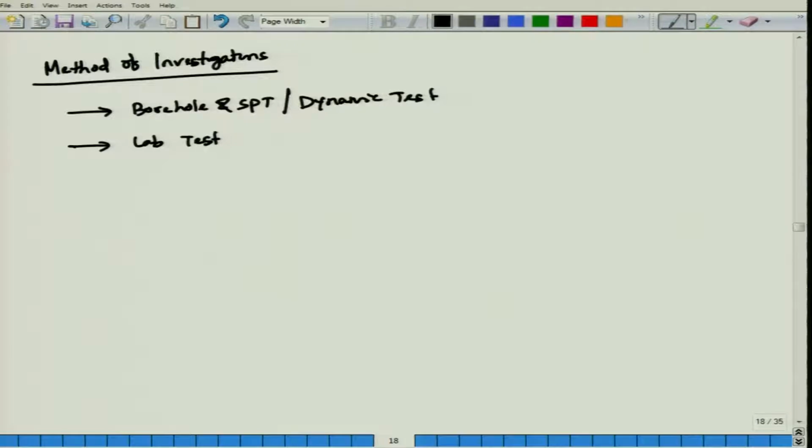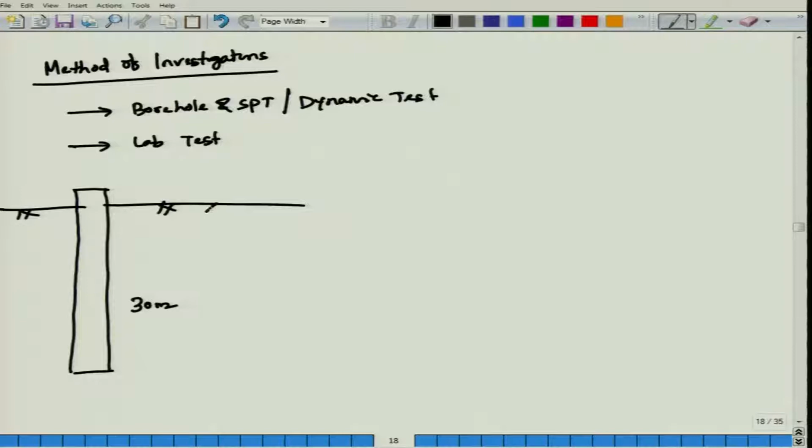Suppose you are conducting a borehole here, for example one borehole up to 30 meter. So, you are collecting soil samples at every 2 meter interval.